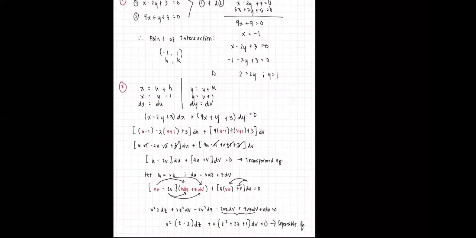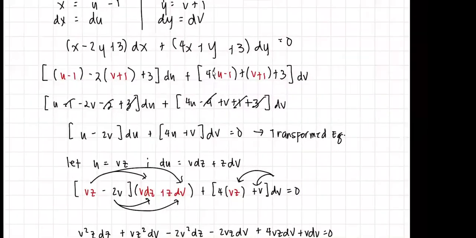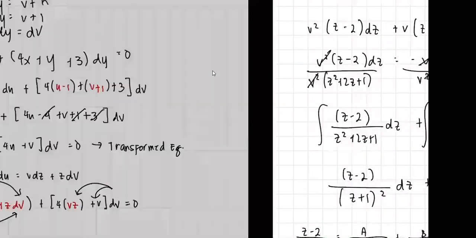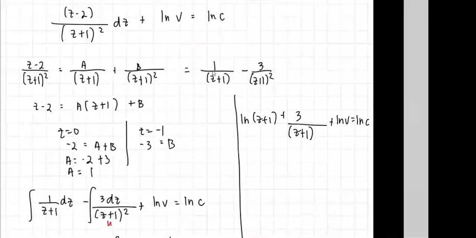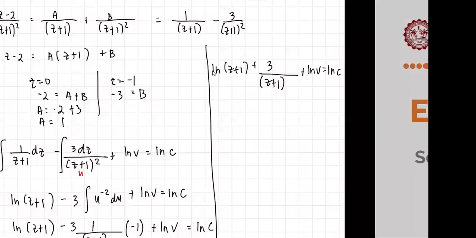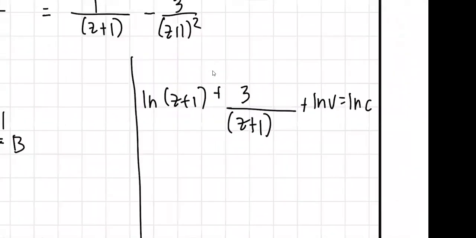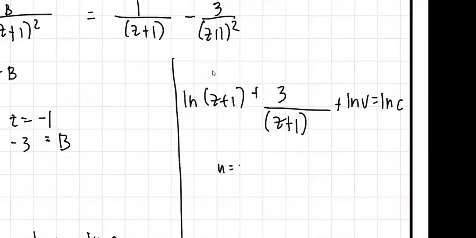So yung inassume natin is u is equals to vz, no? Ito. So sa-substitute natin. So dito, u is equals to vz. So ang z natin is equals to u over v.